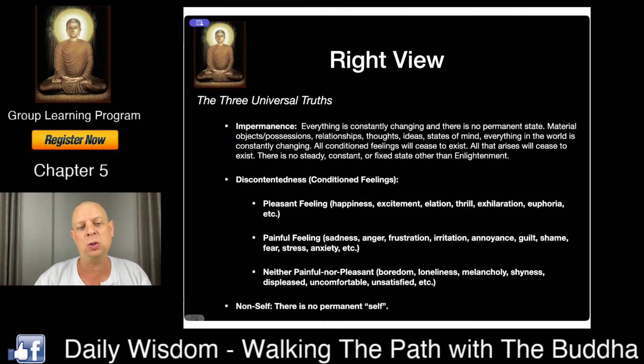And then we talked about the universal truth of non-self, where you're learning not to cling to the self-image or the self-identity. That clinging to the body or clinging to the mind is just going to produce discontentedness, that this body isn't you, this mind isn't you. And you can see that very clearly by independently verifying the universal truth of non-self and all these other universal truths.